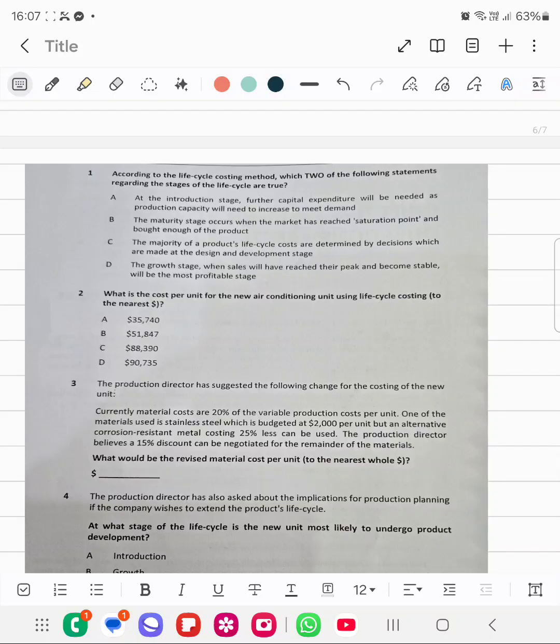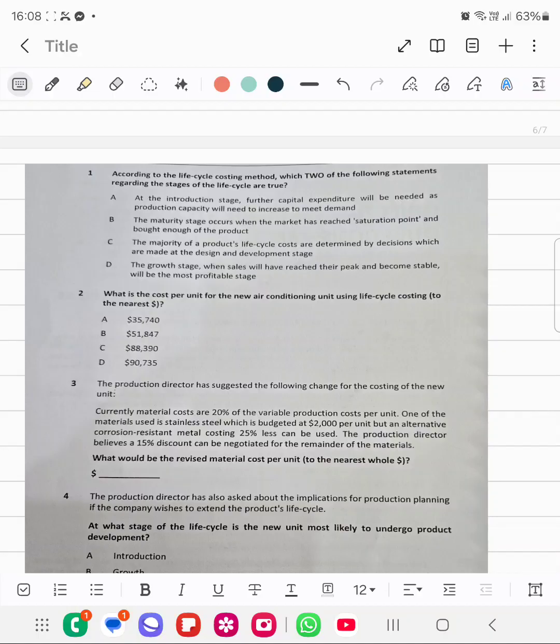The majority of the product life cycle costs are determined by the decisions which are made at the design and development stage. Yes, that is true. Now, option D, the growth stage, when sales have reached their peak and become stable and will be the most profitable.